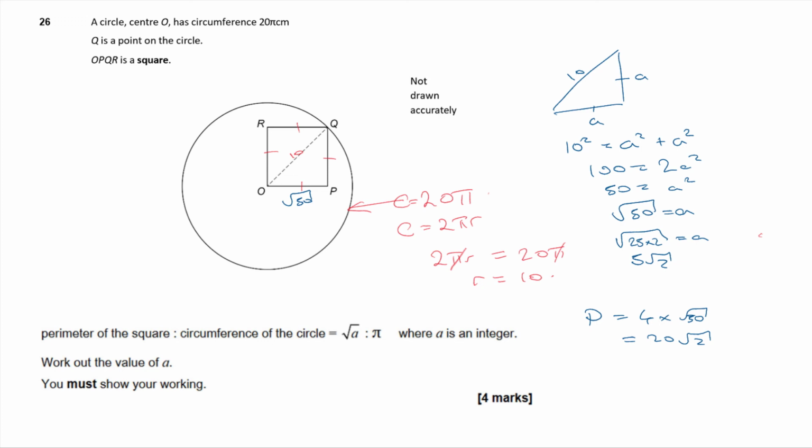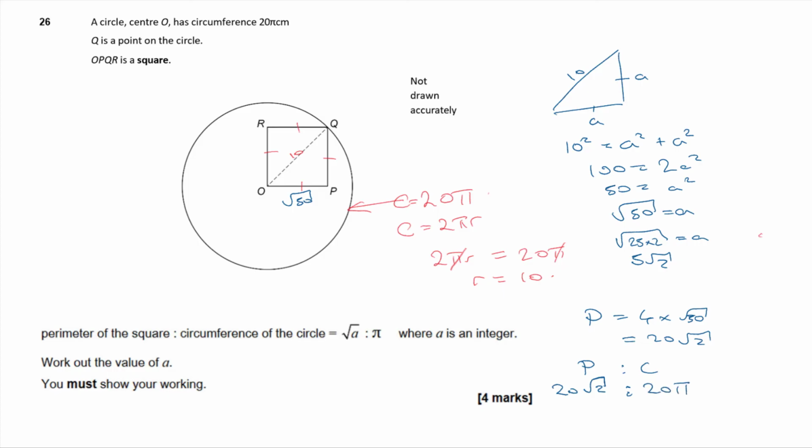Have I got the circumference of the circle? Yeah, that was given at the beginning. That was 20 pi, wasn't it? So then we've got the ratio of the perimeter to the circumference, which is going to be 20 root 2 to 20 pi, isn't it?